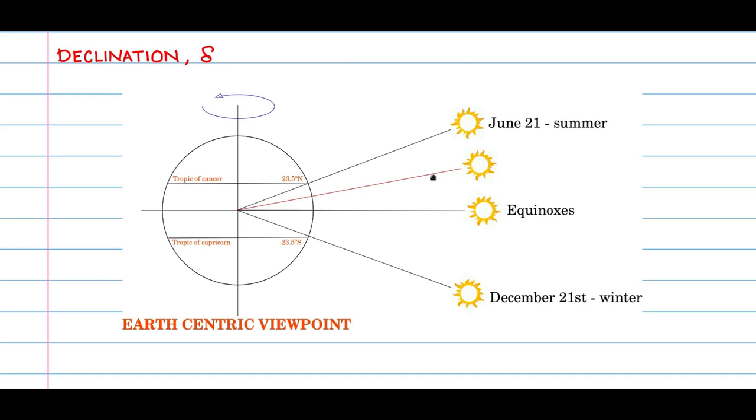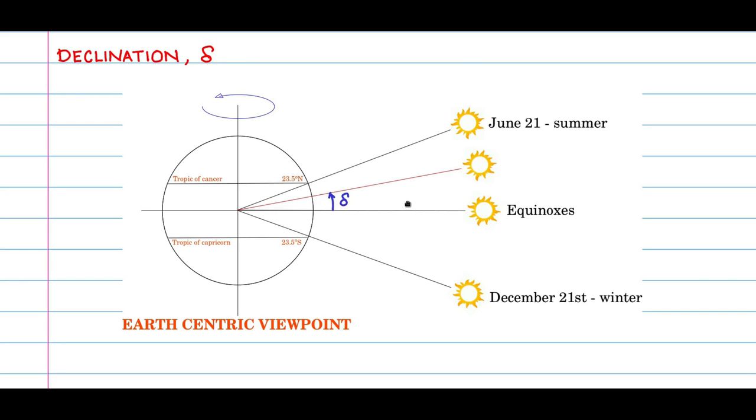Now consider an arbitrary point here. The sun is on some day at this position. The line joining the sun and the earth is here indicated in red. This angle is called delta, which is the declination. So this is a variable, and as the sun is moving along in this arc, the value of the delta keeps changing.